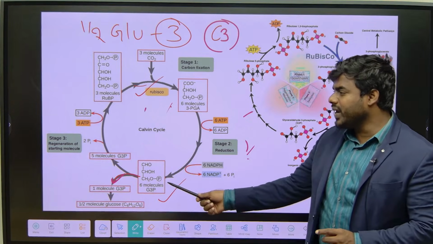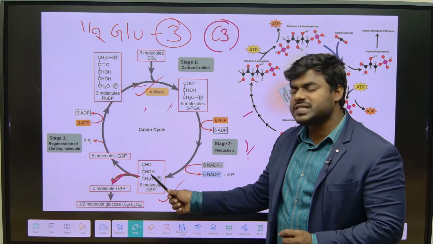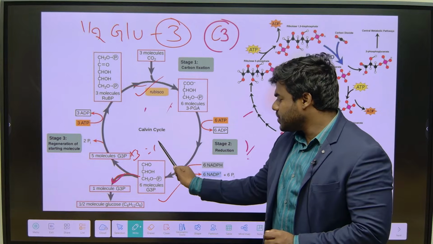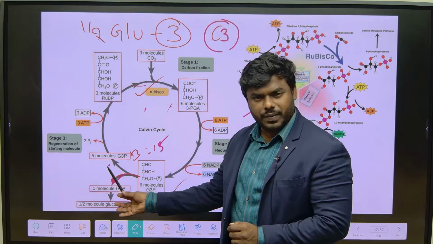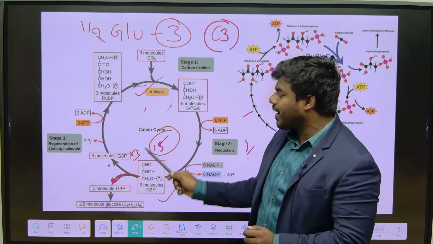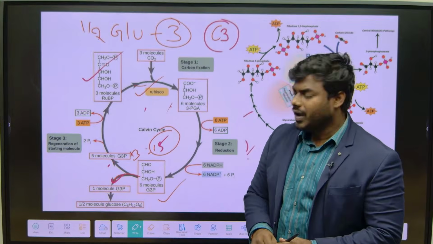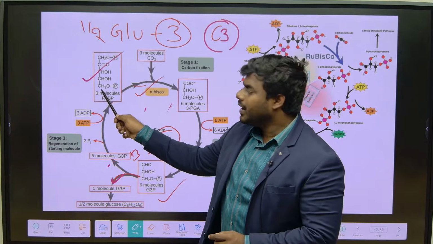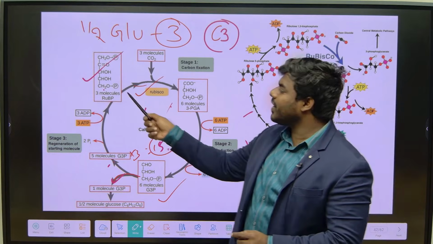Now tell me how many G3P are left over? 5. 5 means how many carbons are left over? 15. 5 into 3, 15 carbon. So a simple question: by using 5 molecules of G3P or 15 carbon, how many RuBP can we regenerate? Each RuBP is 5 carbon, but we have only 15 carbon, so we cannot generate 5.